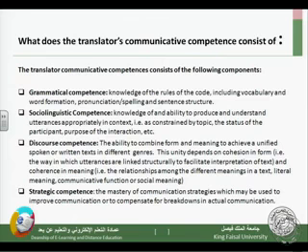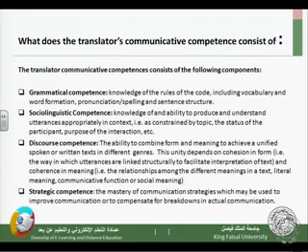In other words, you need to have this competence of knowing what kind of genre the text is, whether it is spoken or written, whether it is cohesive or coherent, the relationship between the structures in the text, and the link between the sentences and the paragraphs, and so on and so forth. So you need to have this discourse competence.